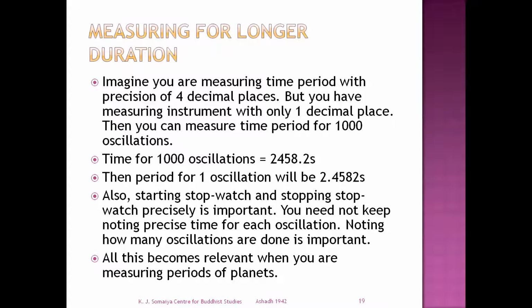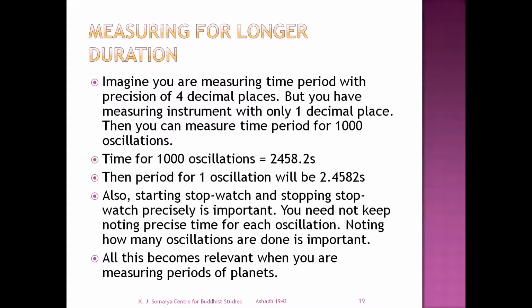A planet has done say 100 revolutions around the Earth, or you may have seen that a planet has done some 1000 revolutions. Then at what point it started, in which nakshatra it was, how many degrees in a particular nakshatra it was, and today how many degrees at a given time it is.